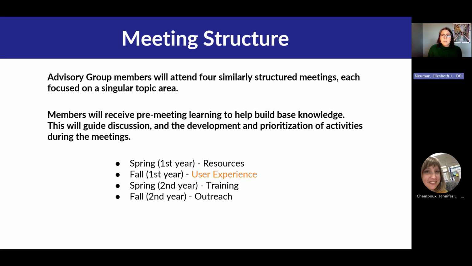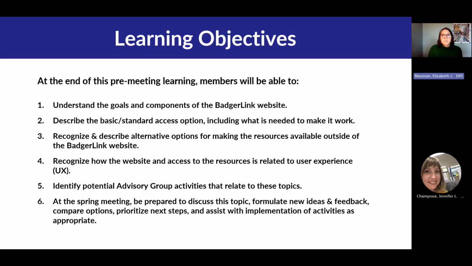So similar to our spring meeting, you will have this recording to help guide our meeting discussion and the development and prioritization of activities. Our main objective today includes understanding the BadgerLink website goals and how various components of the website fulfill them, understanding standard access option and how it works, what it means to use alternative options, and then finally how the website and access to the resources is related to user experience or UX.